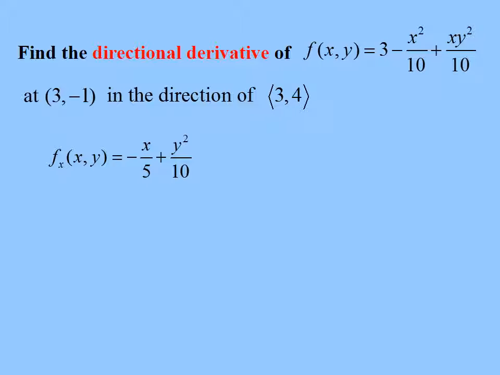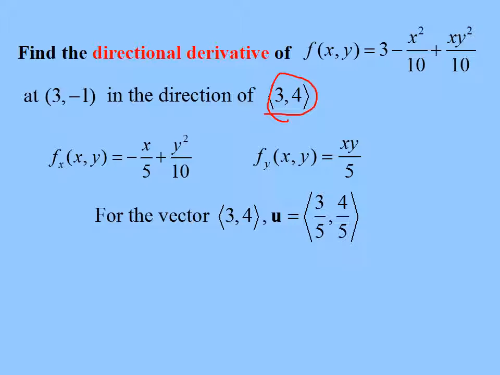So we'll do the partial of x and the partial of y. Now our direction vector is not a unit vector. So in order for us to use this, we've got to turn that into a unit vector. The magnitude of that would be the square root of 3 squared plus 4 squared, which would be the square root of 25, which would be 5.